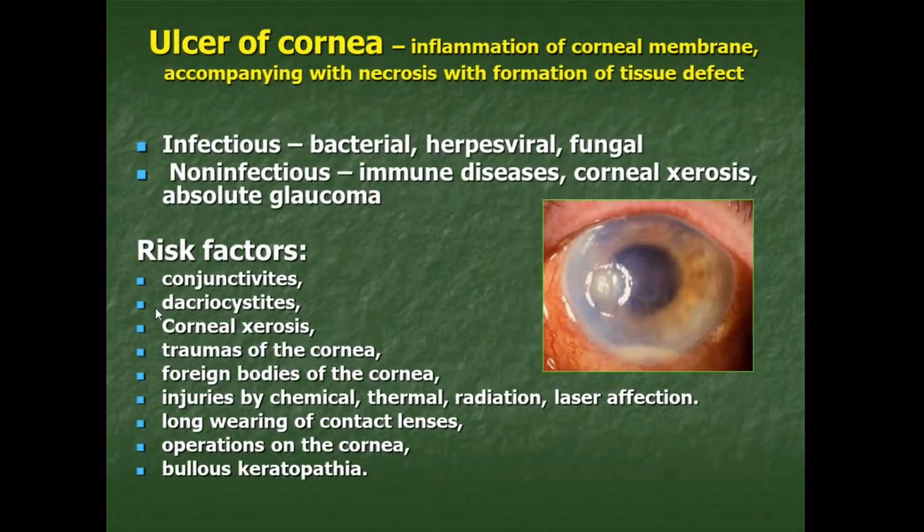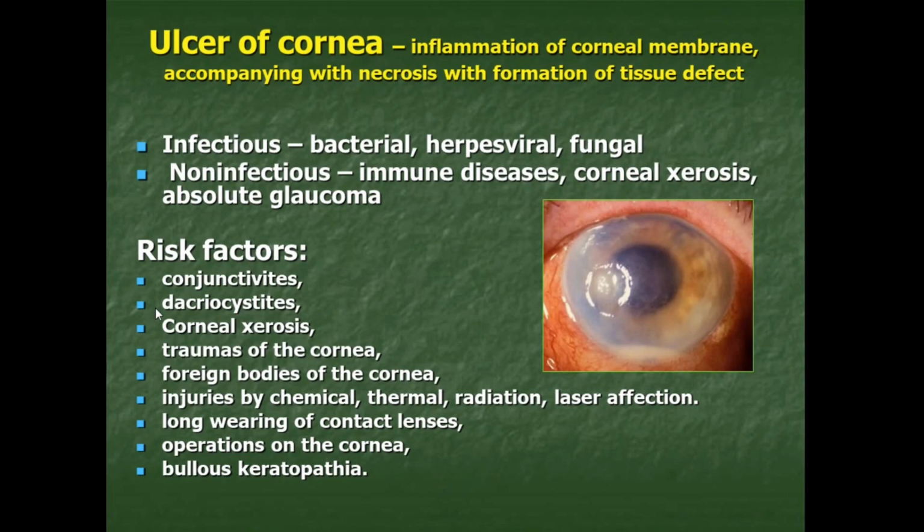Severe keratitis, deep keratitis, we call the ulcer of the cornea. Ulcer of the cornea is the inflammation of the corneal membrane, accompanied with necrosis and formation of a tissue defect.